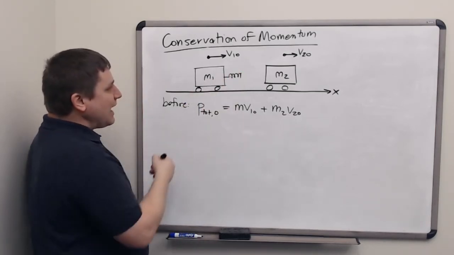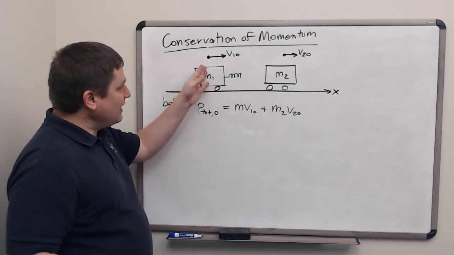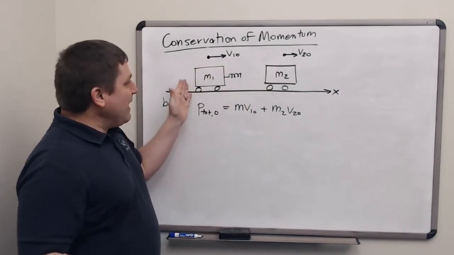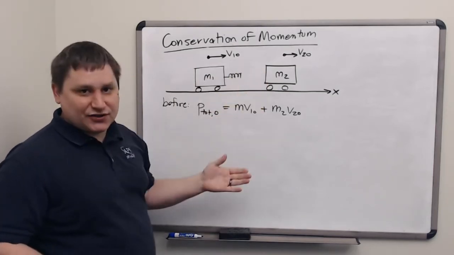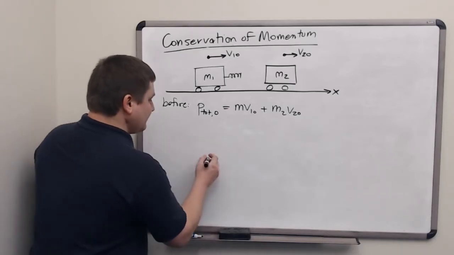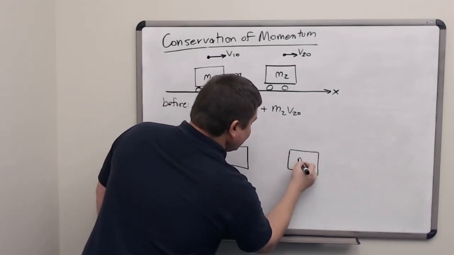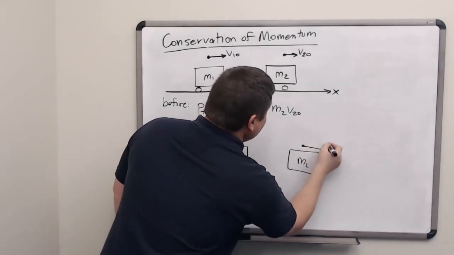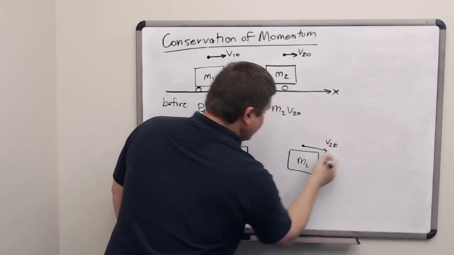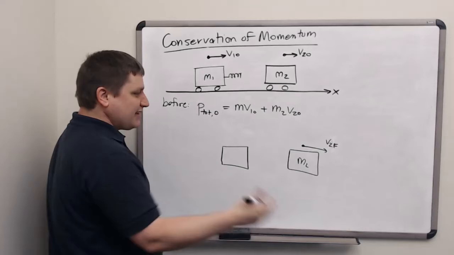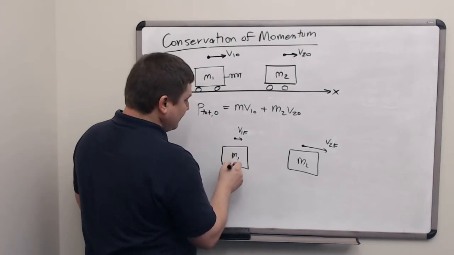All right, so if these objects are moving in a way that will eventually bring them together, so here I've drawn V1 as a little bit larger than V2, so mass 1 might eventually catch up to mass 2, and they bump together. Afterwards, due to the interaction, due to the collision, mass 2 ends up moving at a different velocity, and mass 1 ends up moving at some different velocity as well.